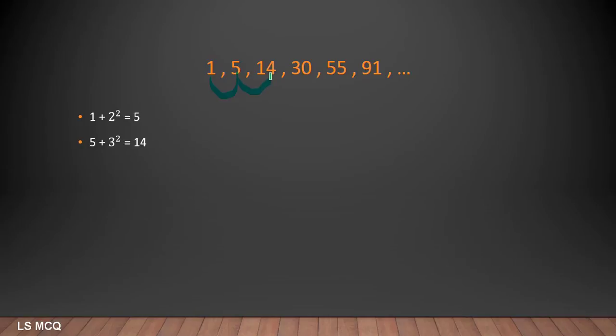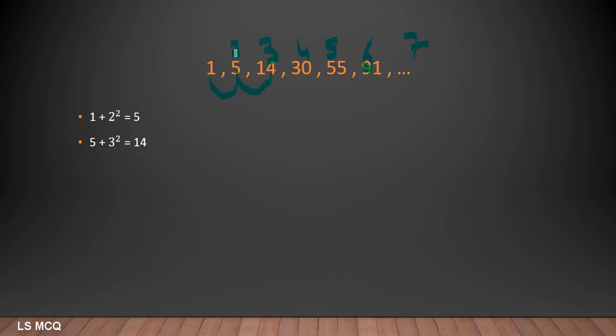5 plus 3 square. Okay, again the character and its place comes to as its importance. This is in second place, this is in third place, this is in fourth, this is in fifth, this is in sixth, and next one is on seventh.